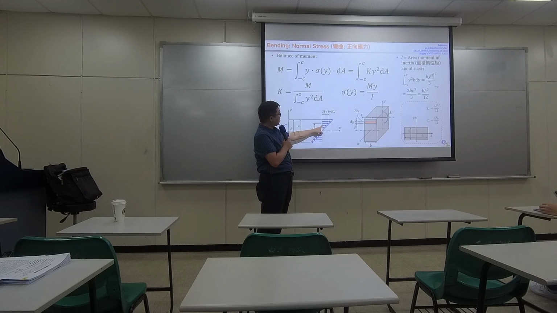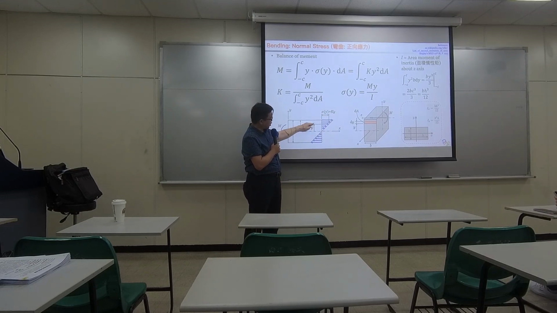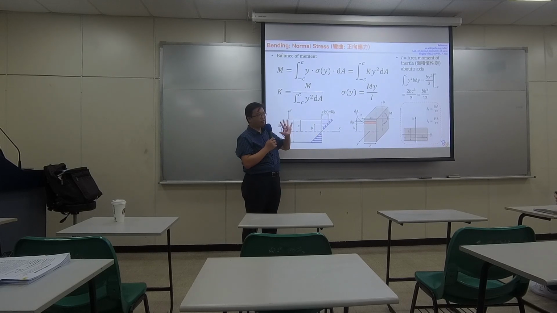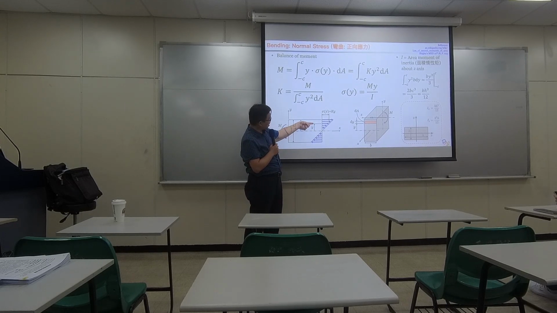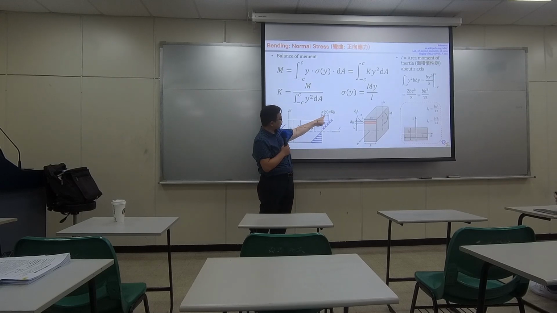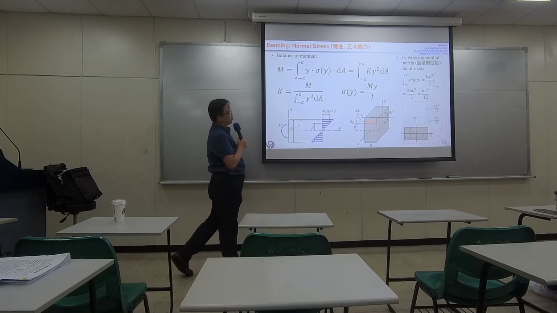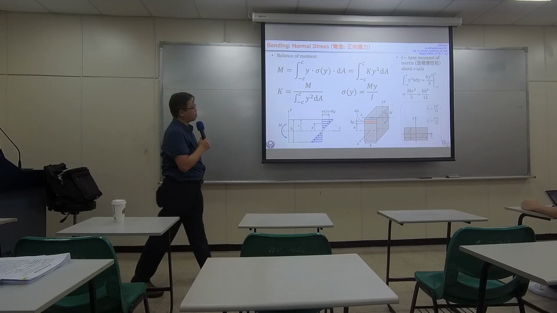And over here we assume the stress is linearly proportional to the position. So when we are at a neutral position, there's no force. When we move up by y, we assume the stress is k times y. We don't know what k is yet, but it's a constant.